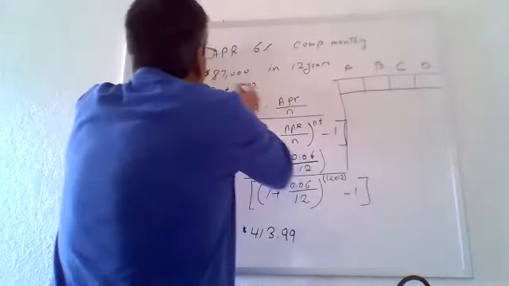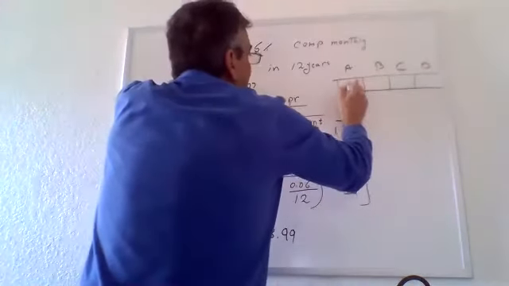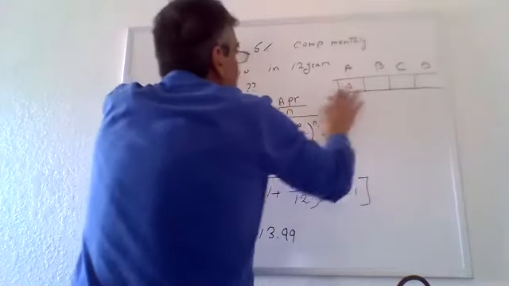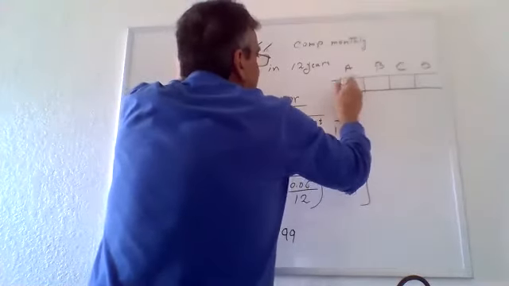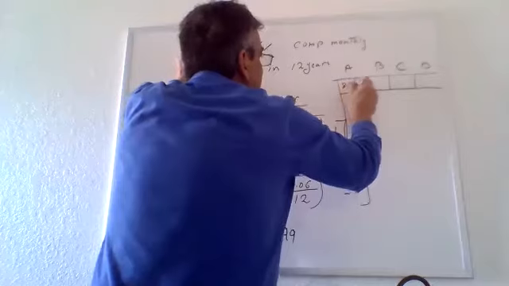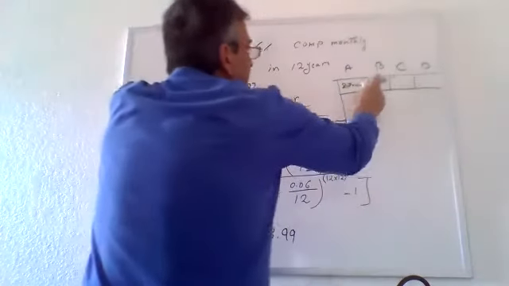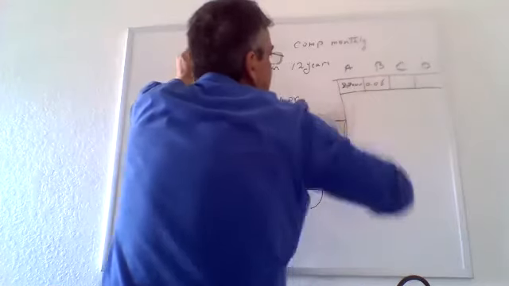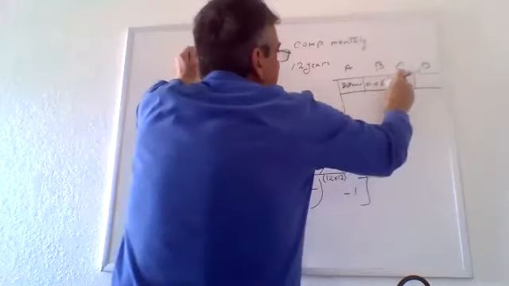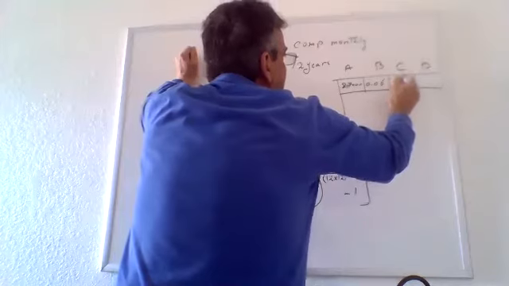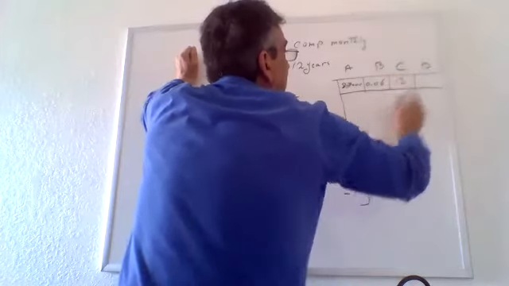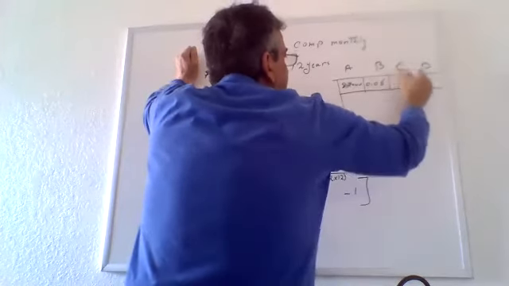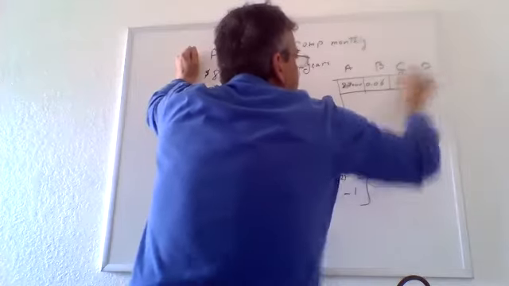Let's say you're going to put the A value, which is in this case 87,000. In B, we can put the interest rate, which is 0.06. In C, let's put N, in this case 12. And in D, we have 12 years.